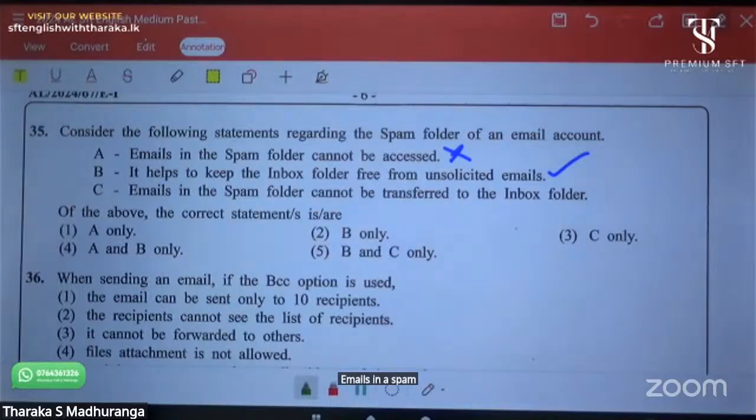Is it correct? Habib? Fatima, is it correct?